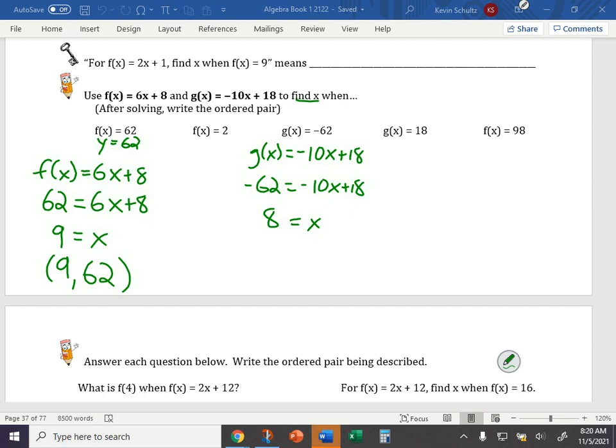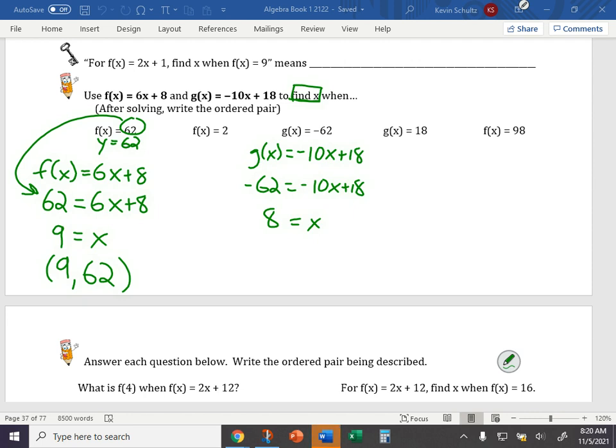Yes, sir? Yeah. That's what we solve for. Well, in this case, we're finding x. We were given the y value, which we plugged in for y, and we solved for x.